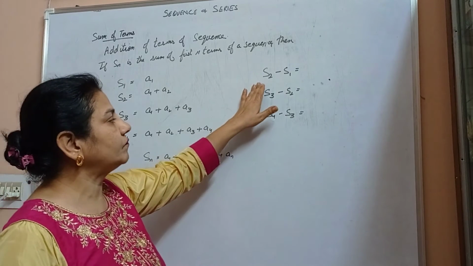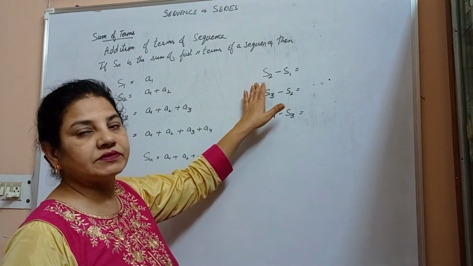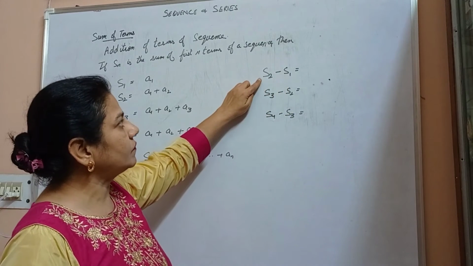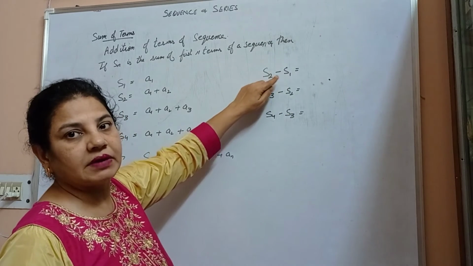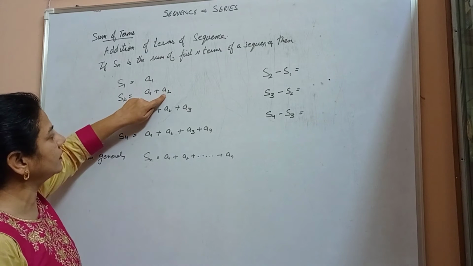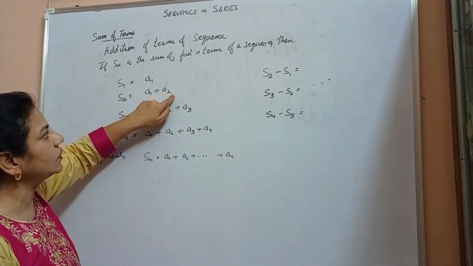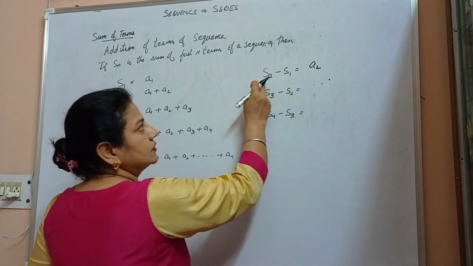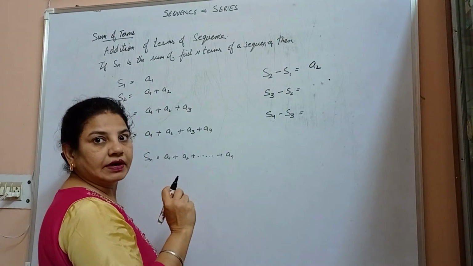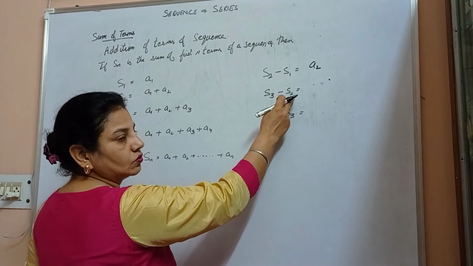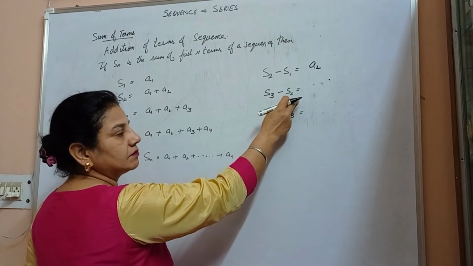Now the difference of sums, S2 minus S1, the sum of two terms minus the first term. You can see that if you subtract, A1 plus A2 minus A1, you will get the second term. So we get the second term when the first term is subtracted from the sum of two terms. Similarly, S3 minus S2, sum of three terms minus sum of two terms.